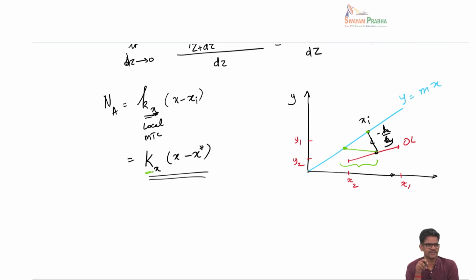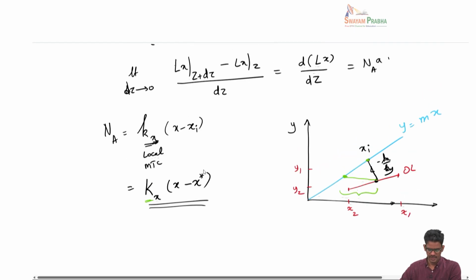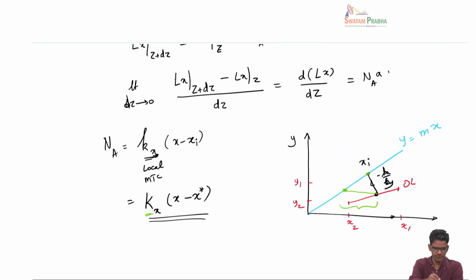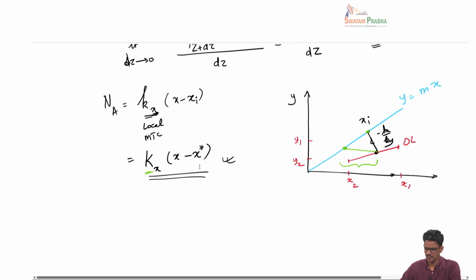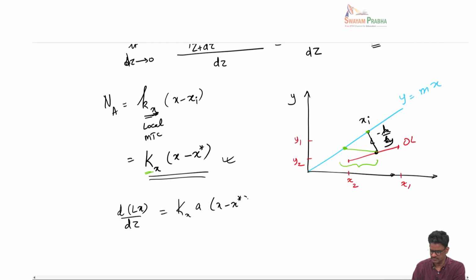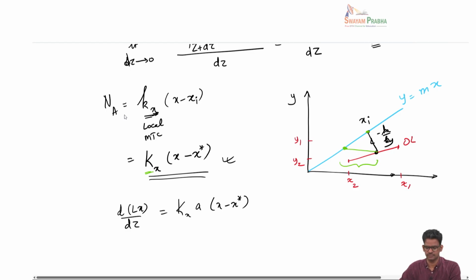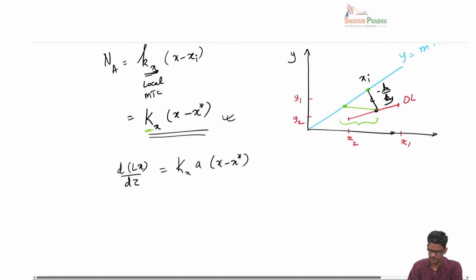We have done this before, switching between the local and overall mass transfer coefficient. Okay, so now we will go with this overall mass transfer coefficient approach and then substitute here. So we have d of Lx by dz is equal to Kx a times x minus x star, because x minus x star is this term offering the driving force for the mass transfer here.